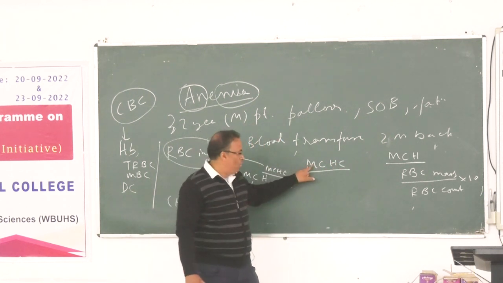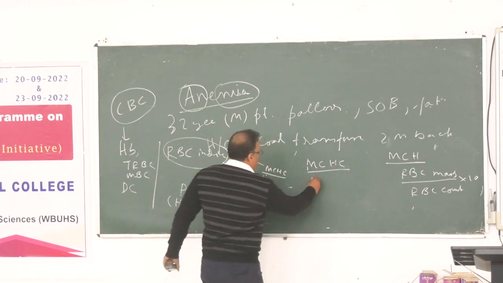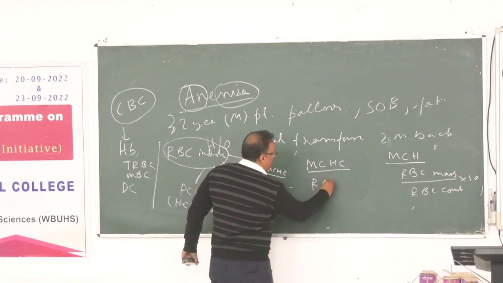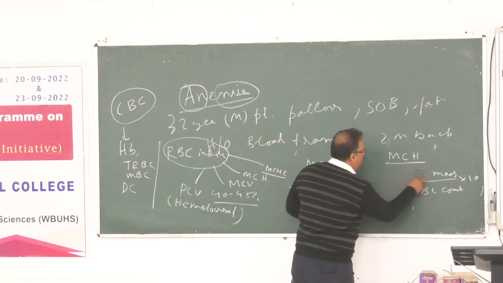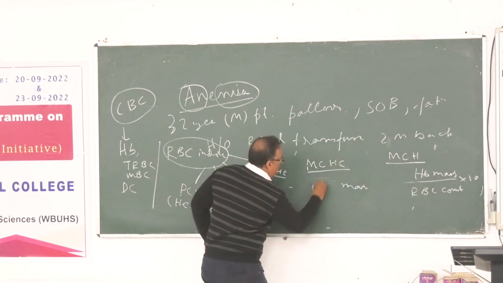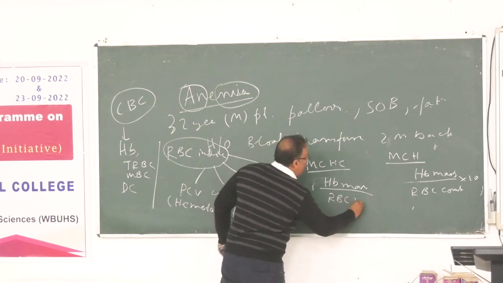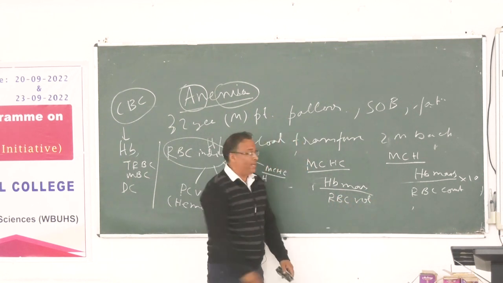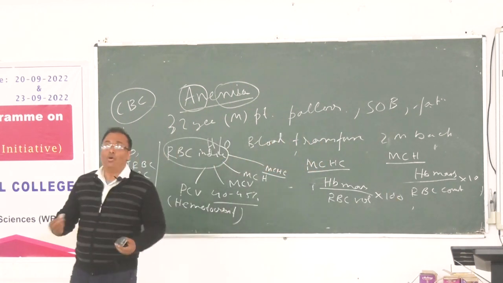Mean corpuscular hemoglobin concentration. What is it? That is equal to hemoglobin mass and RBC volume. That is the difference, into that is present in 100 percentage. So what happened?